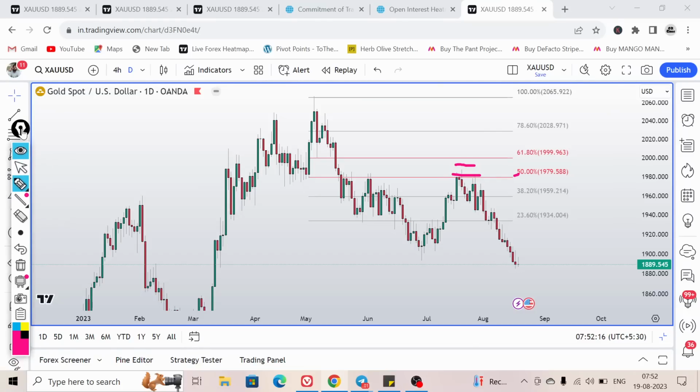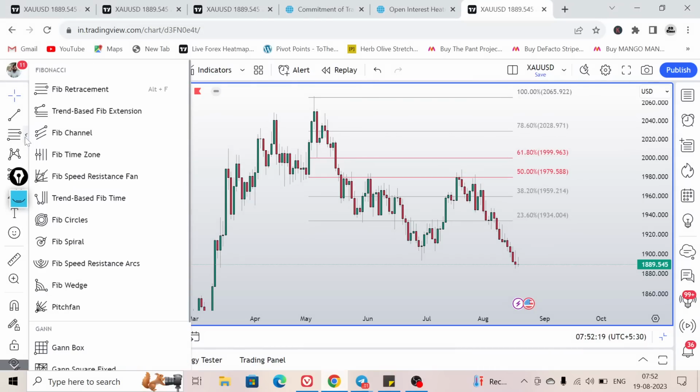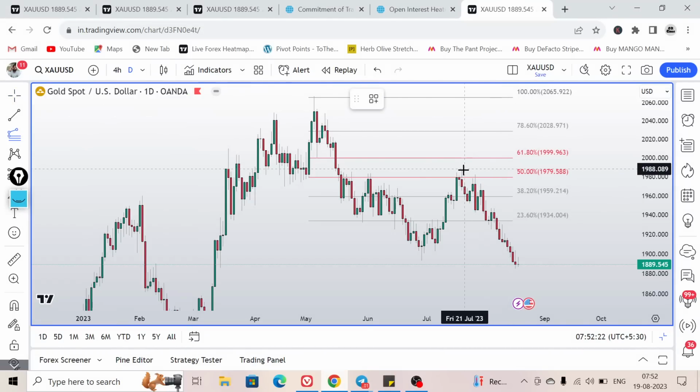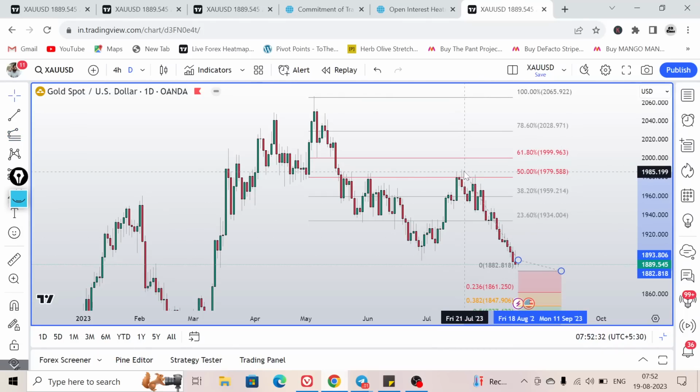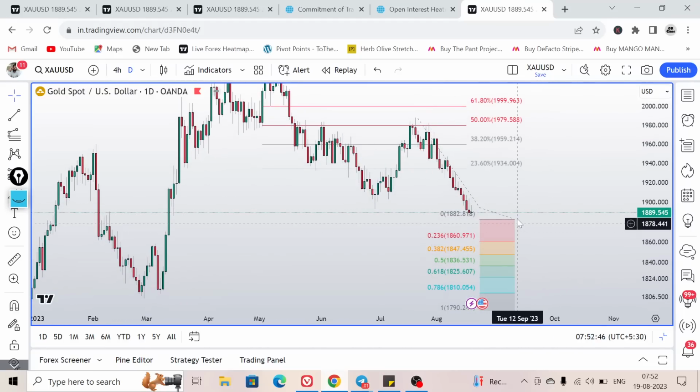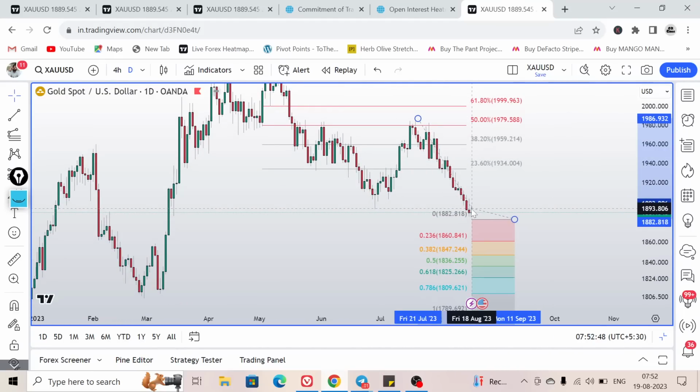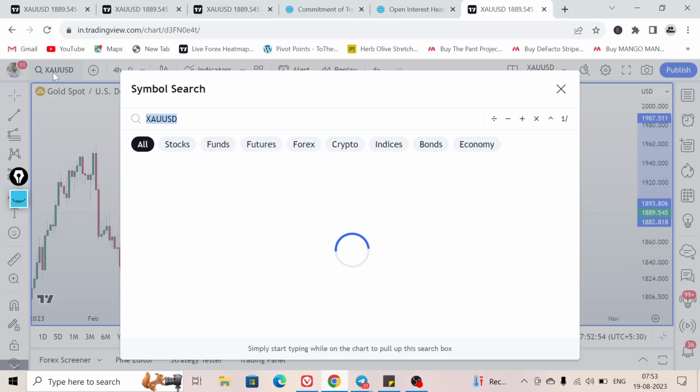Now if we talk in terms of Fibonacci extension, if we apply the extension from here to here, this right previous low, like this.